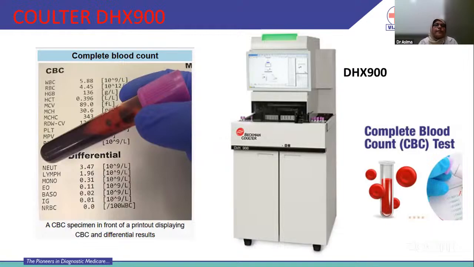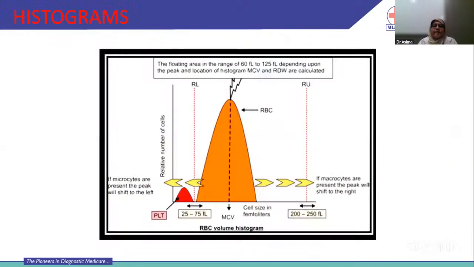For the most important test, like CBC and the hemogram, we have the Coulter, the DxH 900. It gives all the features, including the retic and the NRBCs. These are the histograms which we usually check on our Coulter before we go in for the slide review.